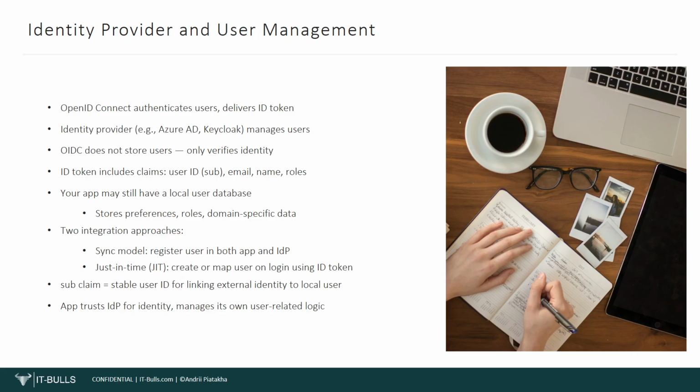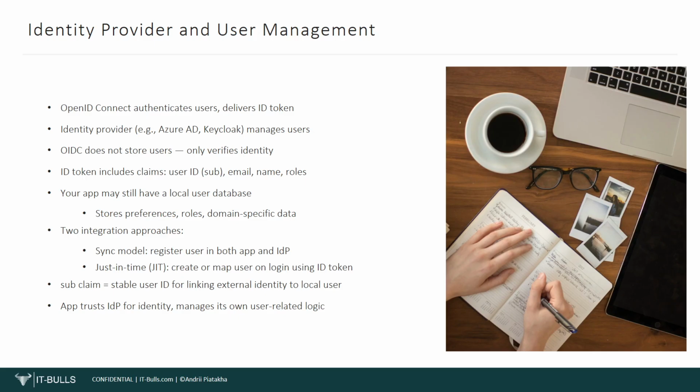So when a user logs in, it's the identity provider that verifies who they are. The provider might be anything from a cloud-based service like Azure AD to a self-hosted solution like Keycloak. Once authentication succeeds, the identity provider issues an ID token, and this token is what OpenID Connect delivers to your application. That token includes claims like the user's unique ID, email, name, and possibly roles, depending on what the identity provider is configured to include.